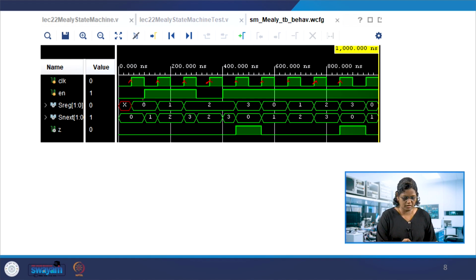So sreg was 0 here, though the enable is made 1 over here, it looks for the next clock edge to move to the next state. So this is the next state, and then 1. This is 1 for the next clock edge also, so it moves to the second state, and it is made 0 in between, so it stays in this state 2, that is 0 0 0 1 1 0.